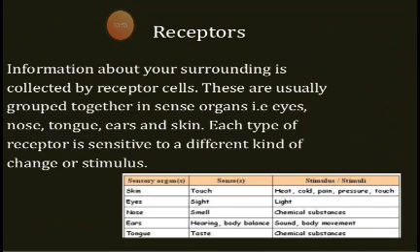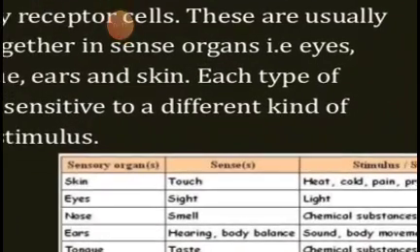Receptors: information about your surroundings is collected by receptor cells. These are usually grouped together in a sense organ, that is eyes, nose, tongue, ears and skin. Each type of receptor is sensitive to a different kind of change or stimulus.